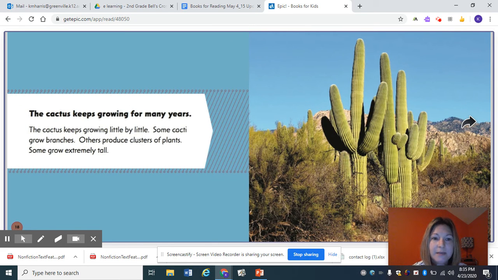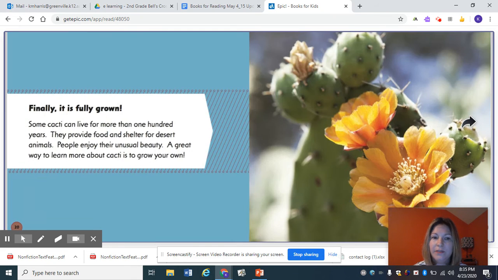The cactus keeps growing for many years. The cactus keeps growing little by little. Some cacti grow branches. Others produce clusters of plants. Some grow extremely tall. Finally, it's fully grown. Some cacti can live for more than 100 years. They provide food and shelter for the desert animals. People enjoy their unusual beauty. A great way to learn more about cacti is to grow your own.